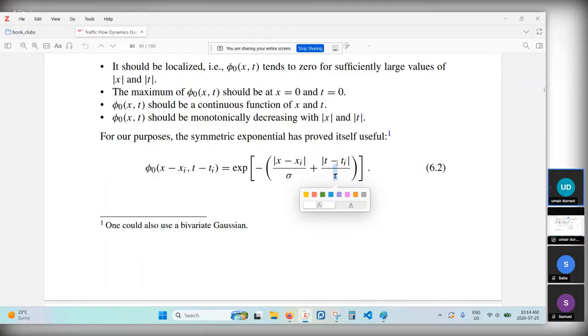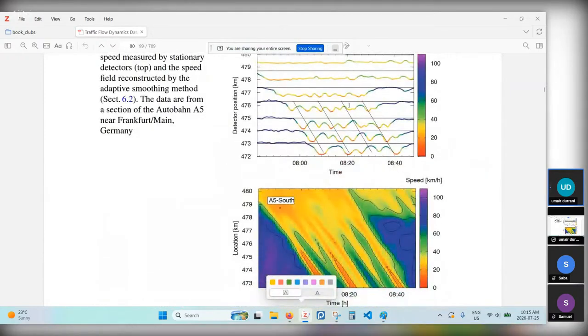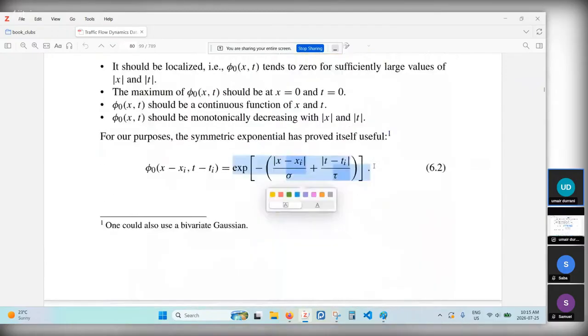Once we evaluate this expression, we make it negative and take an exponential, which means that the higher this value is in absolute terms, the smaller the result of the exponential. So as we go farther away from the detectors, from the ground truths, you are essentially getting zero or very small values because you're not weighing closer to the actual values. Our goal is to go from discrete measurements to a continuous surface like this.